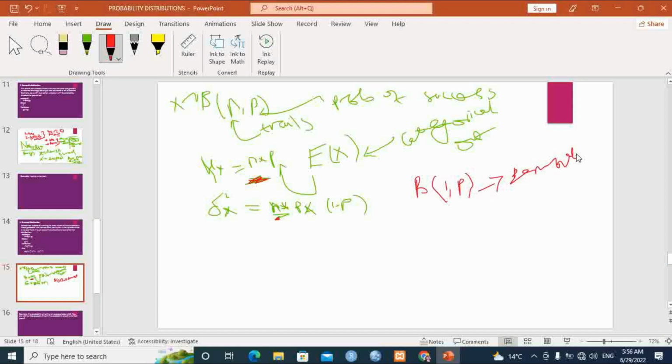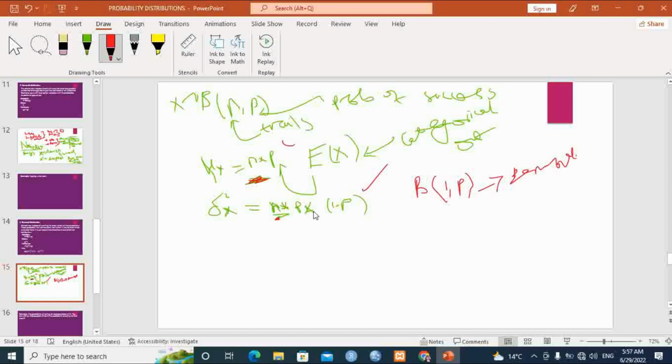So that is the difference. It is just an extension.